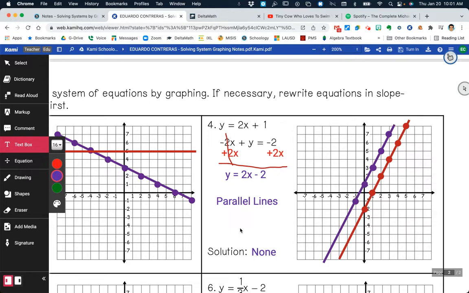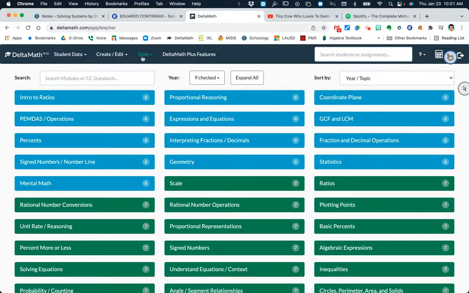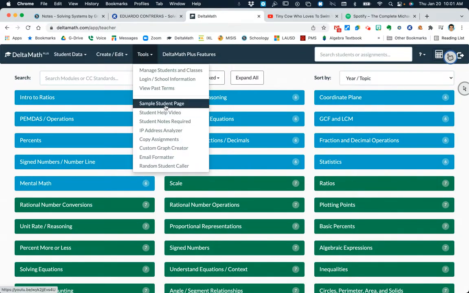So we're going to stay with the video, and don't pause the video now if you want to see what we did on Delta. And everybody else, let's go ahead and go to Delta. You guys ready? All right, let's go. So let me get into the assignment.